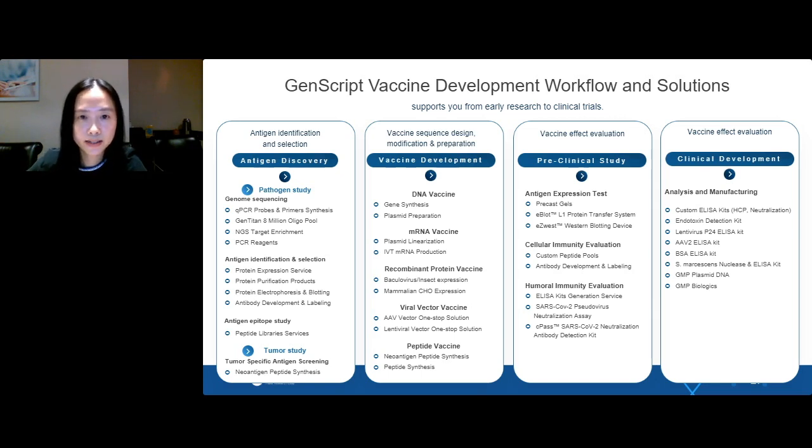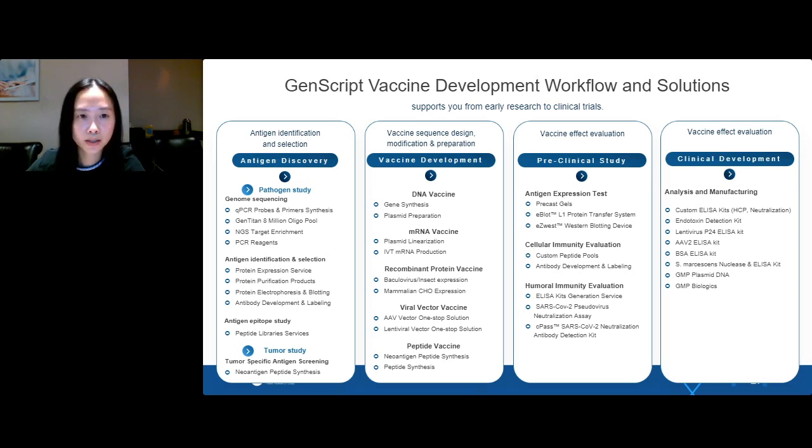Next, for the vaccine effect evaluation steps, for example, preclinical study, usually it's for the cellular immunity evaluation and humoral immunity evaluation. We also have several options. For example, the peptide pools I mentioned previously, and also we can support you with antibody development and labeling services, for example, your ELISA assay.